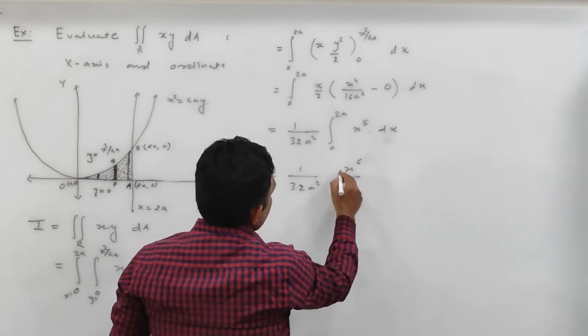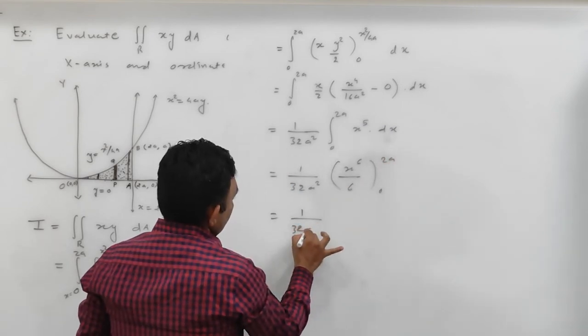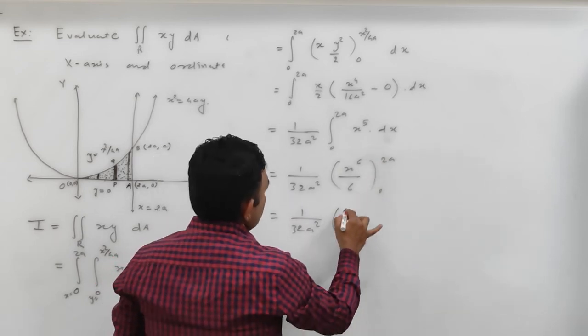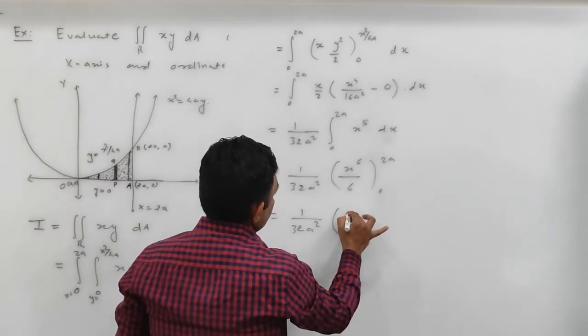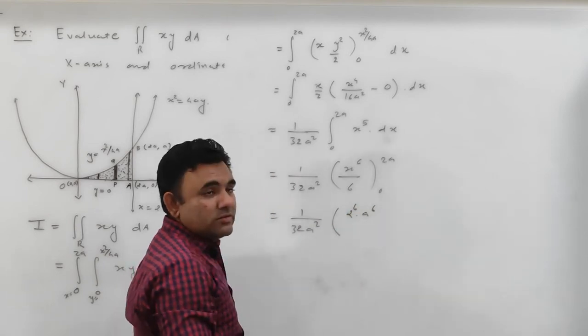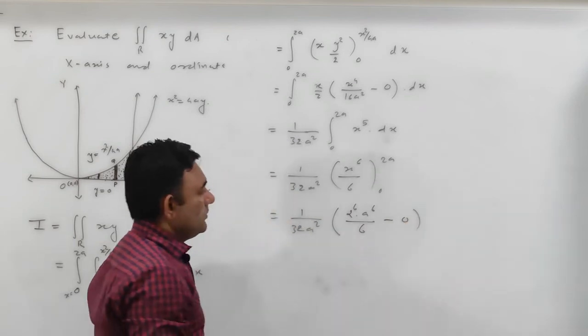Integration is x raised to 6 by 6, 0 to 2a, so it is 1 by 32a square into 2 raised to 6 into a raised to 6 by 6 minus 0.